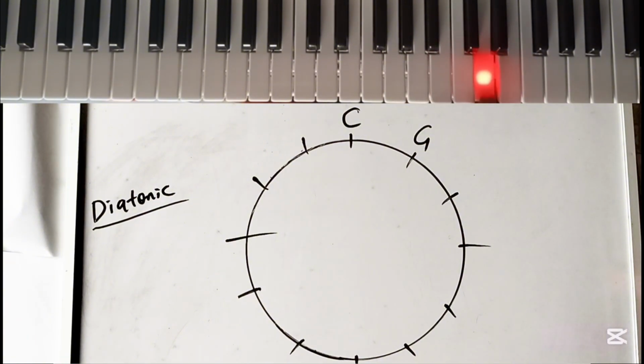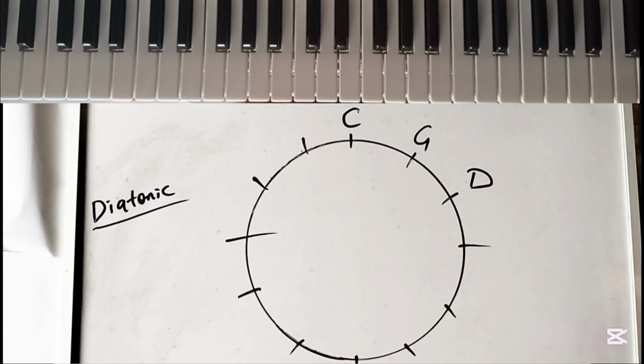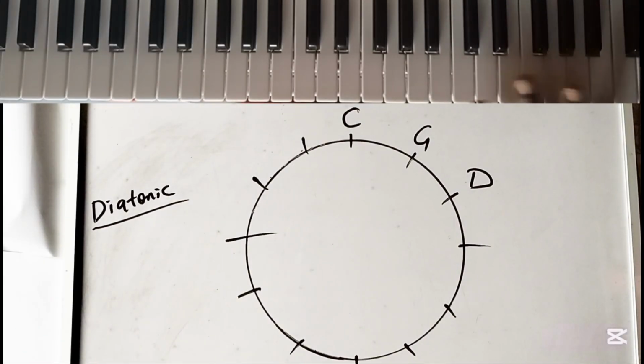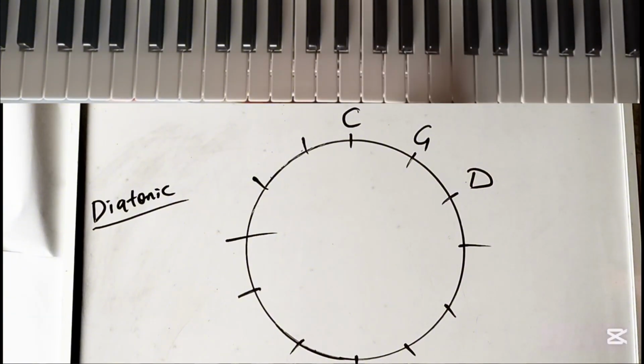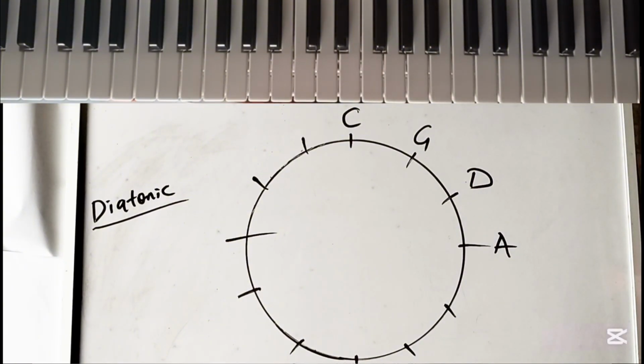So this is D. So that I will not be going more, this is D. So the fifth note of D is what we call 1, so it is what? A. Do you understand it? The fifth note of D.